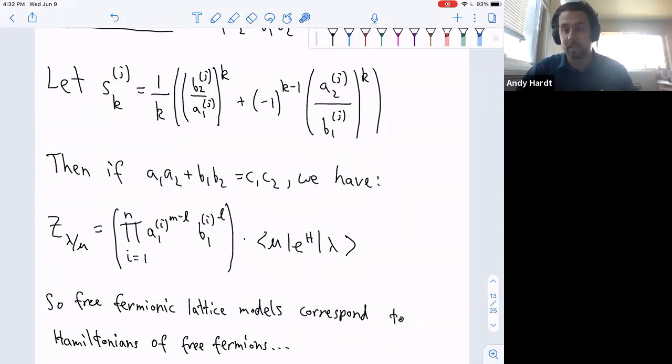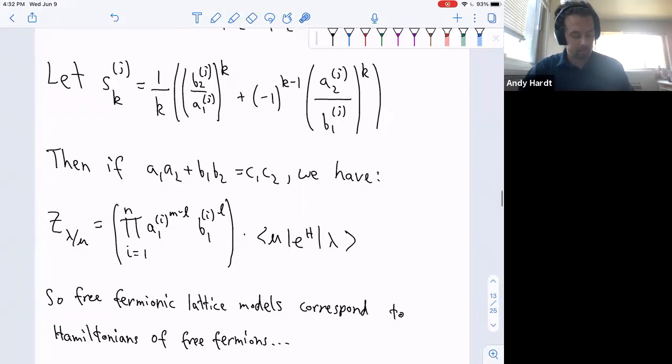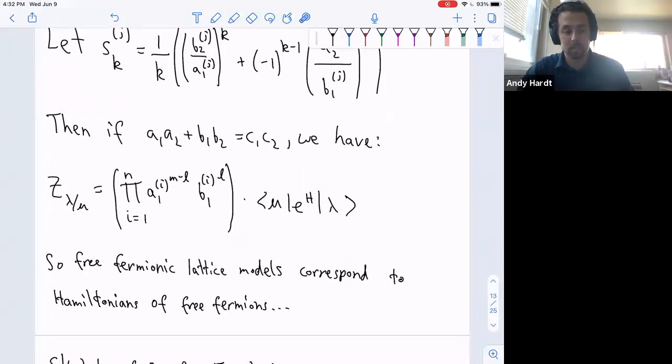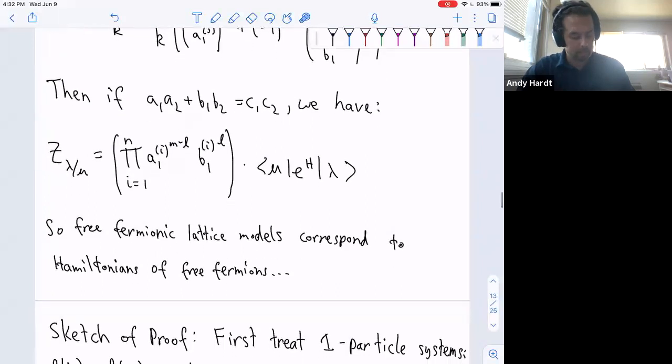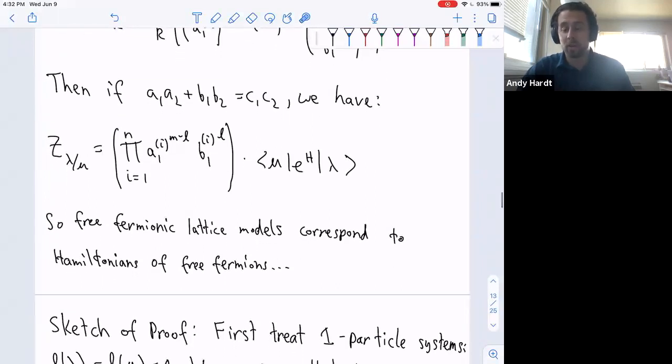I haven't found anything, so I'm definitely interested to hear from anybody who has seen a result like this, or knows the physics side well enough to know what is known in that area. If anyone has any thoughts, we can talk about it after.